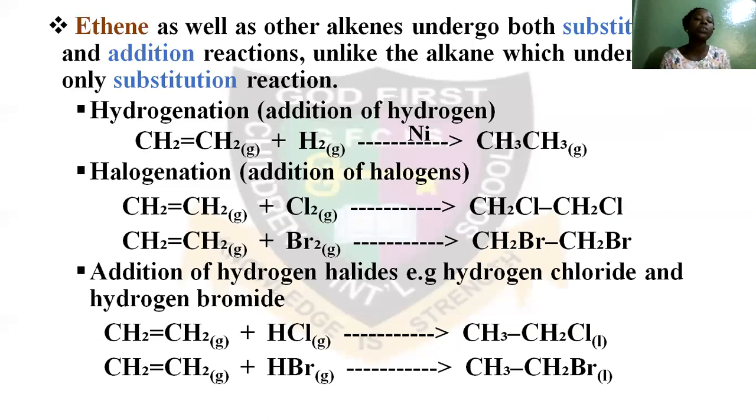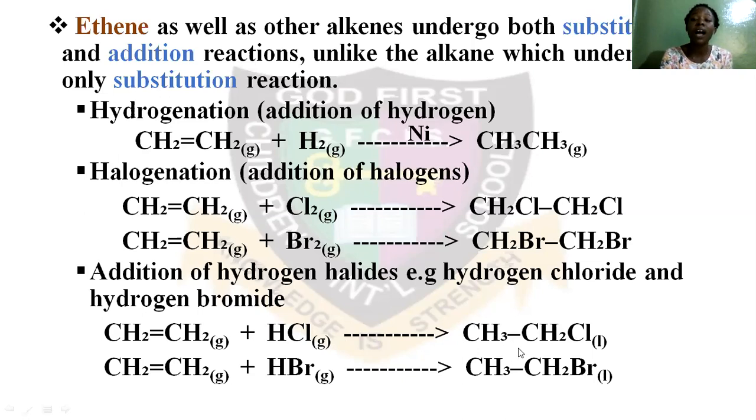Then another one, addition reaction, you can add hydrogen halides. That is, for example, hydrogen chloride and hydrogen bromide. When they are added to ethene, you have the product. You see the compound becomes saturated. You have CH3CH2Cl. So this is addition of hydrogen chloride.